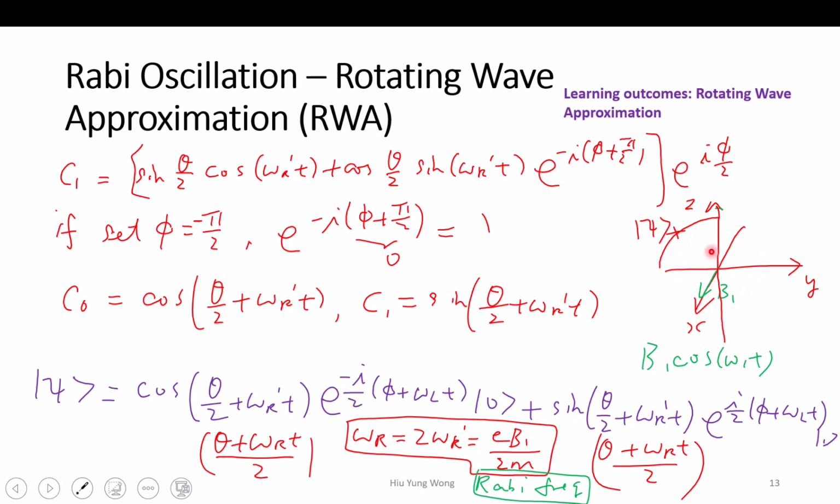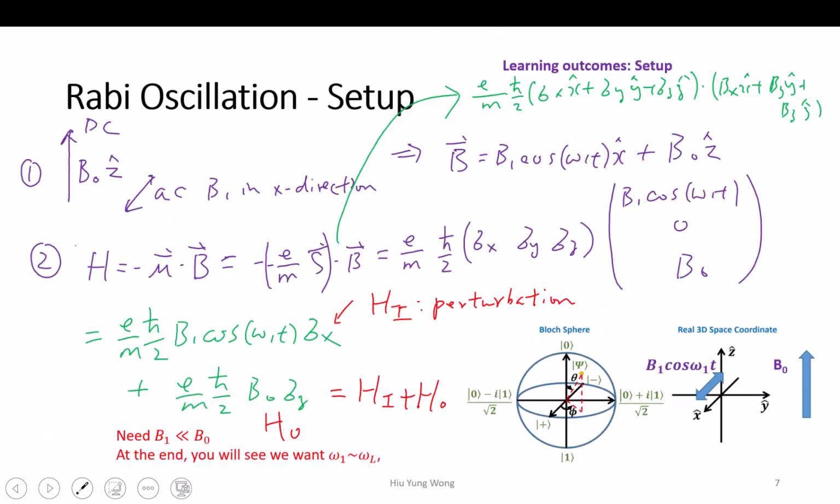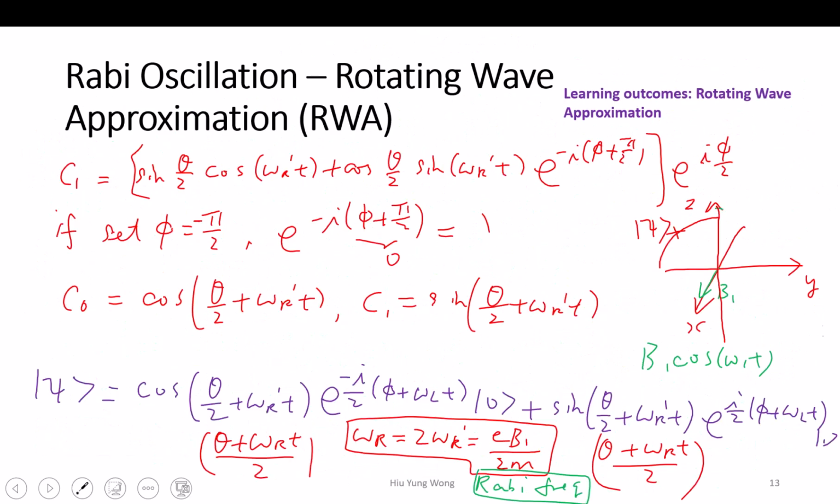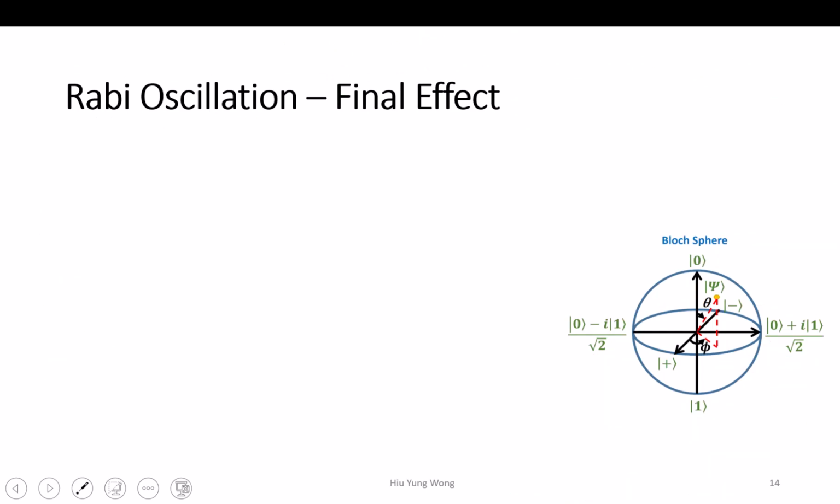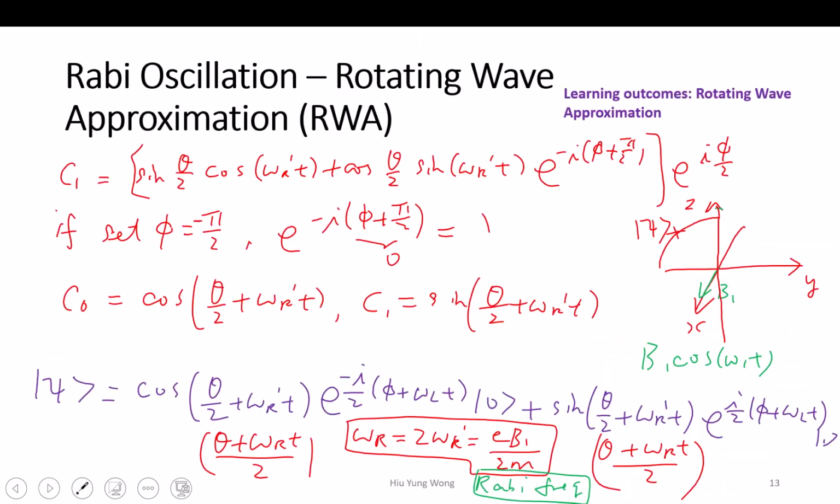But the theta is not simply that, because you remember theta is measured from the axis to your state. When you are going down, you are not rotating about this plane, so it's not a simple theta plus something, but your theta is increasing. It's just not a simple addition. But if it is on this YZ plane, we can fit into the equation very nicely. So this is the overview of this Rabi oscillation.